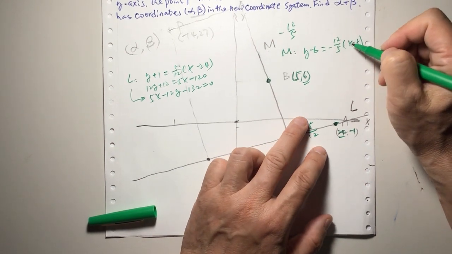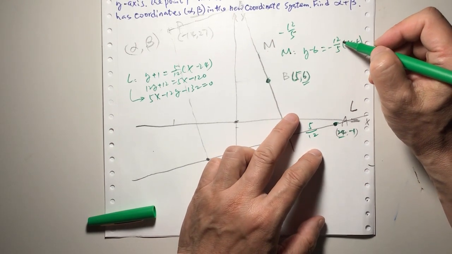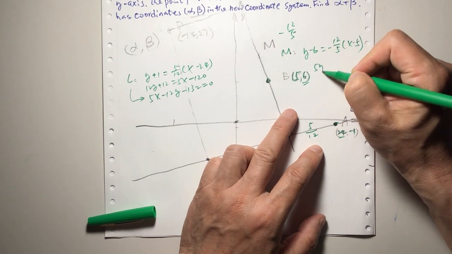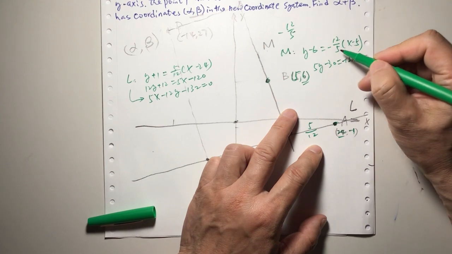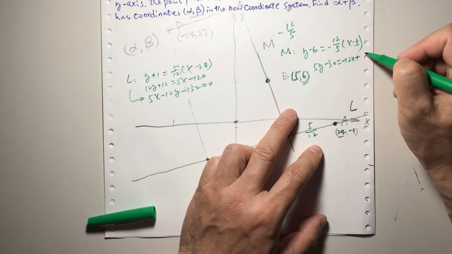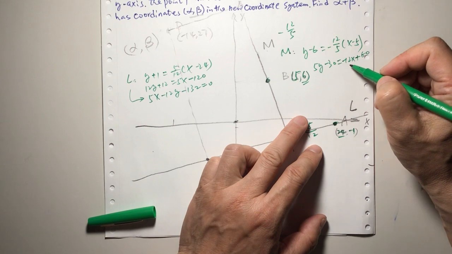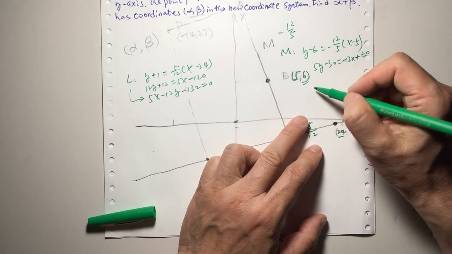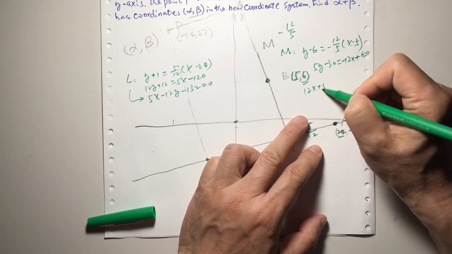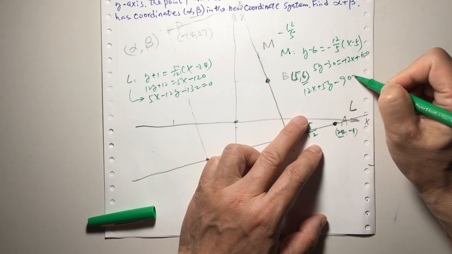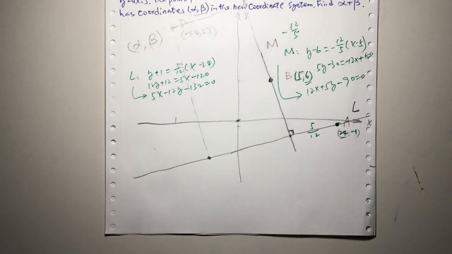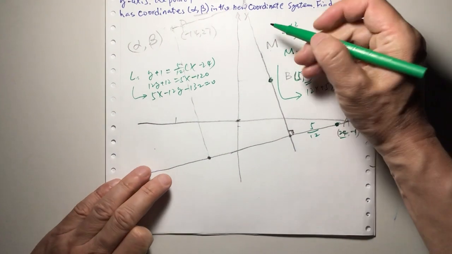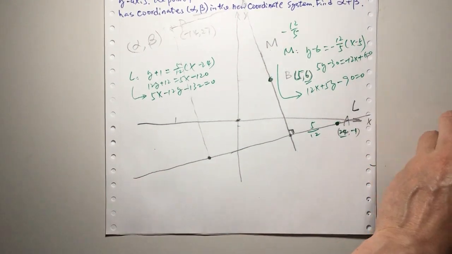Times 5 on each side, we get 5y minus 30 equals -12x plus 60. In standard form, it is 12x plus 5y minus 90 equals 0. Okay, those are the equations of lines M and L.